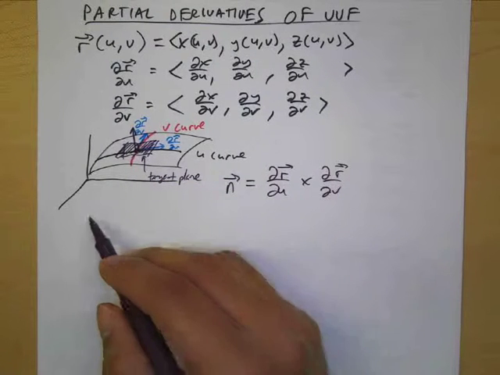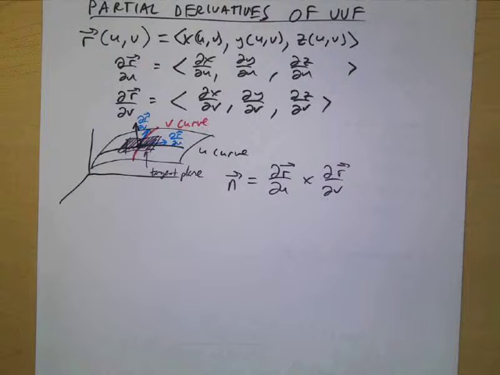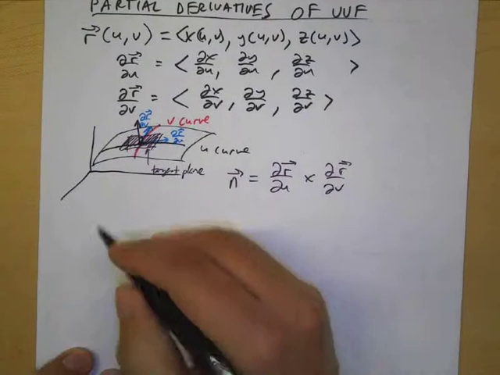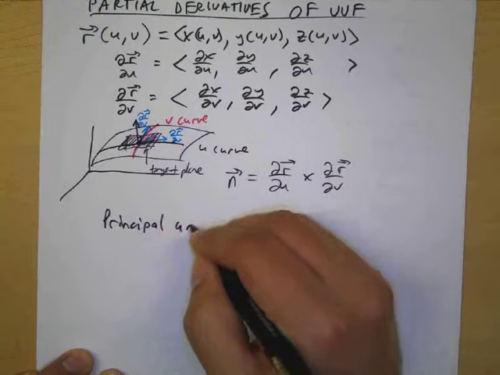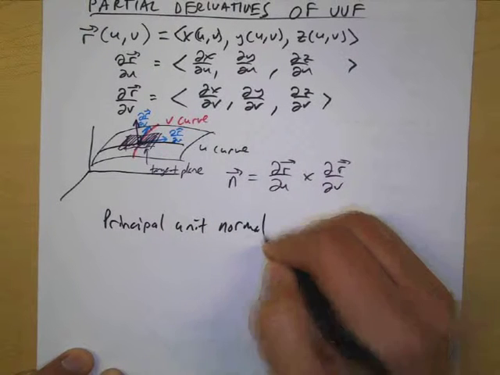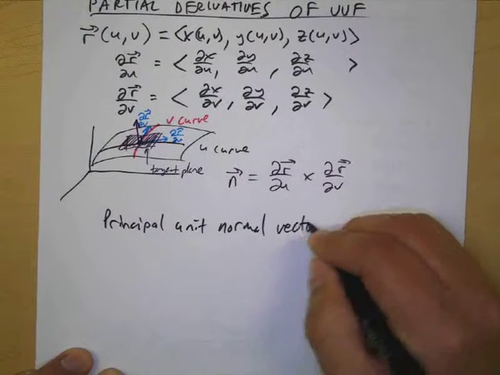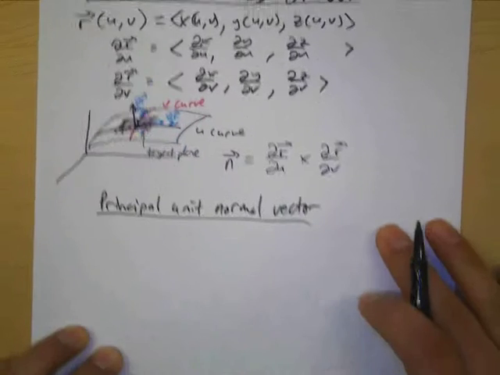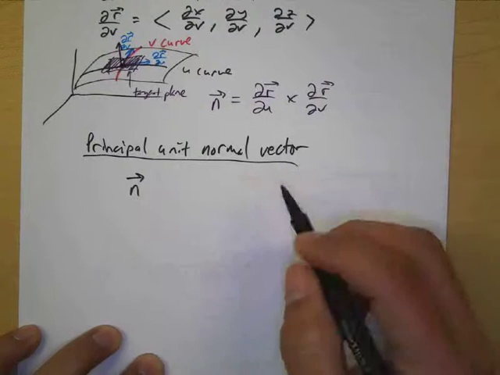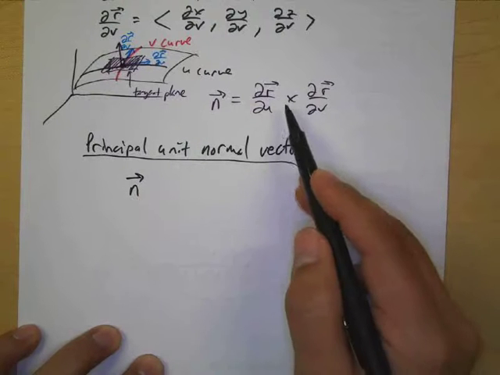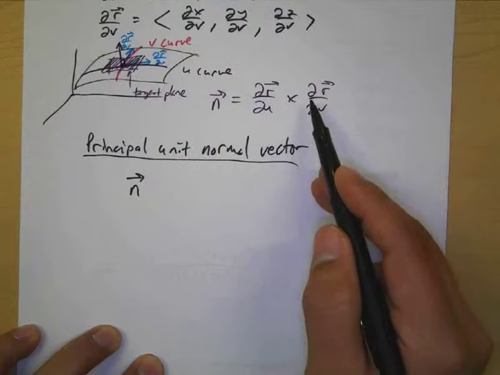And then there is a thing called the principal unit normal vector. I suppose I didn't have to tell you what this was because you could have figured it out on your own, but the normal vector is partial r, partial u crossed partial r, partial v.